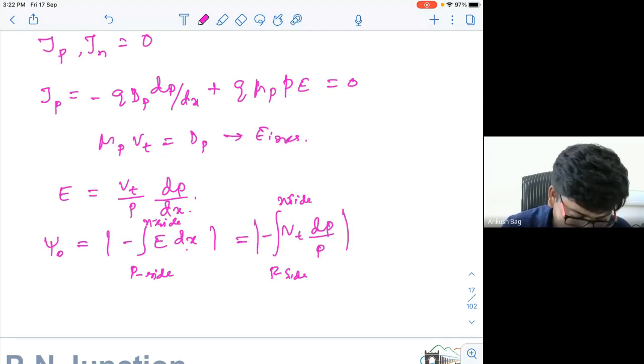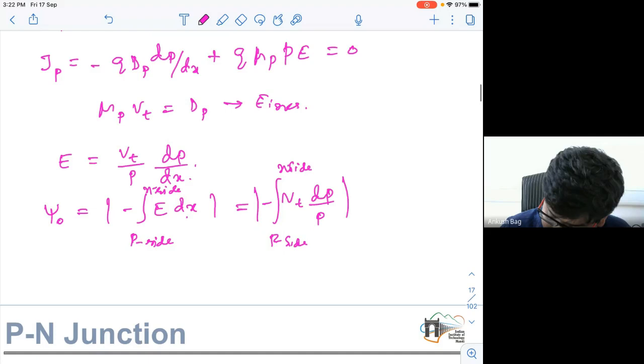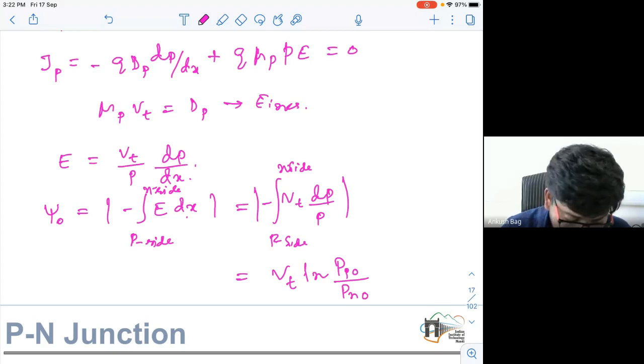We also need to take the mod, and finally it will take this form: Vt ln of pp naught divided by pn naught.